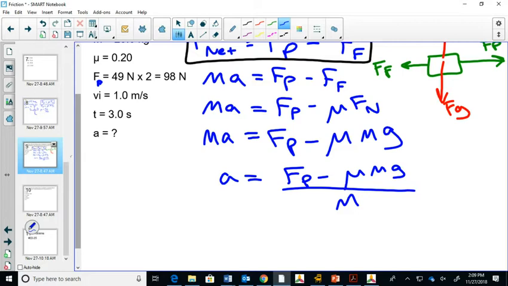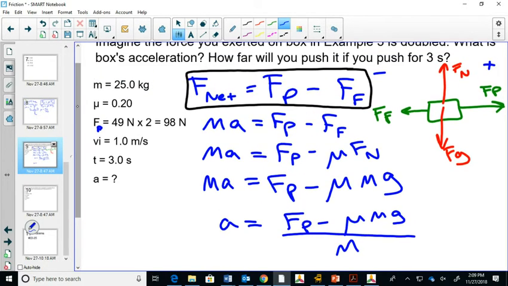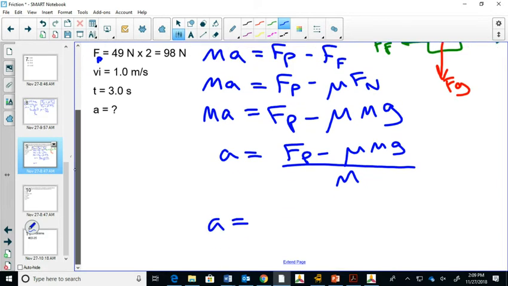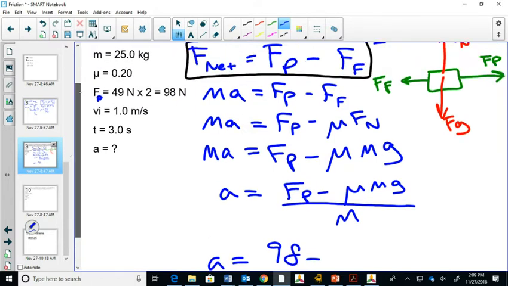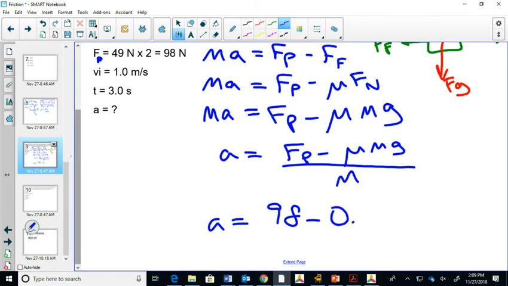We'll pop them in. So a is equal to, what's my fp? 98, right? Minus, what's my mu? 0.20. What's my mass? 25.0.